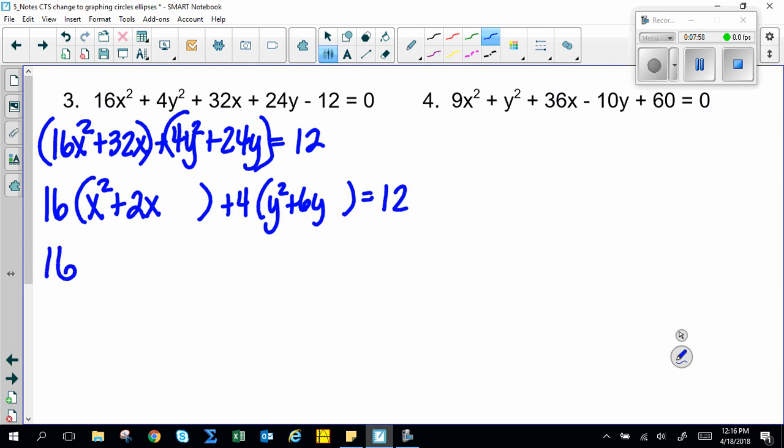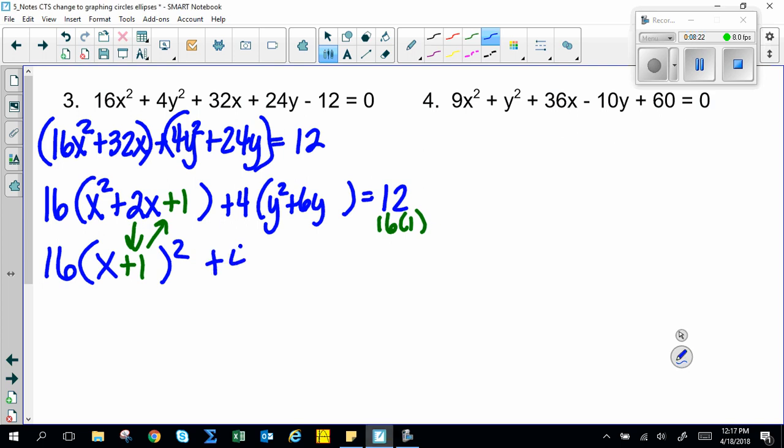All right, so I'm going to complete the square for my x terms. I'm going to bring down half of positive 2 is positive 1, and positive 1 squared is also positive 1. So to keep my equation balanced on the other side of the equal sign, I need to add 16 times 1.